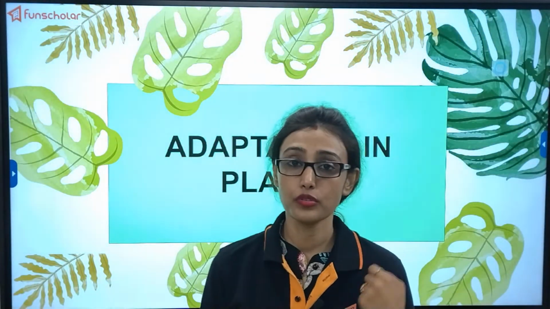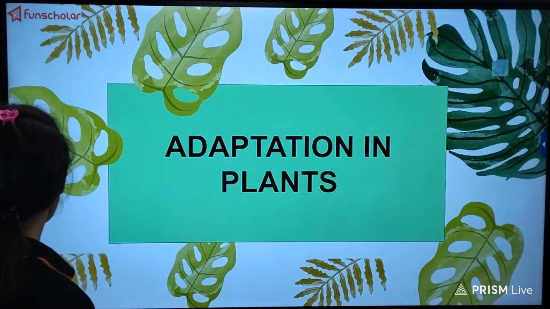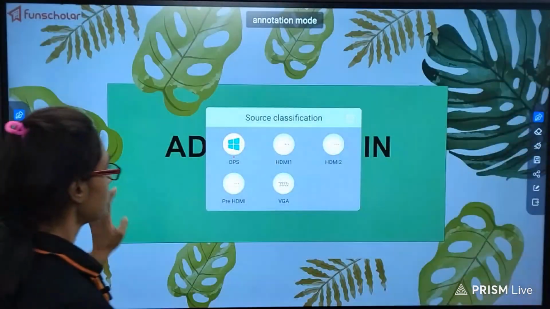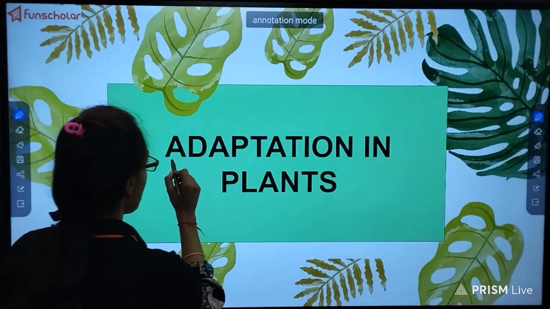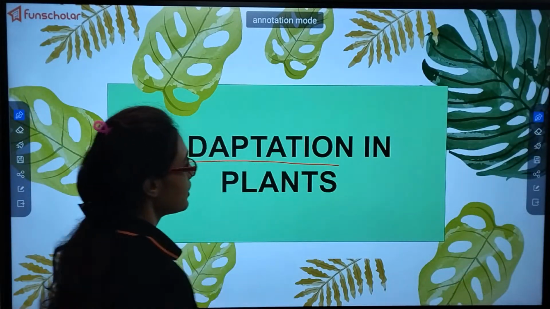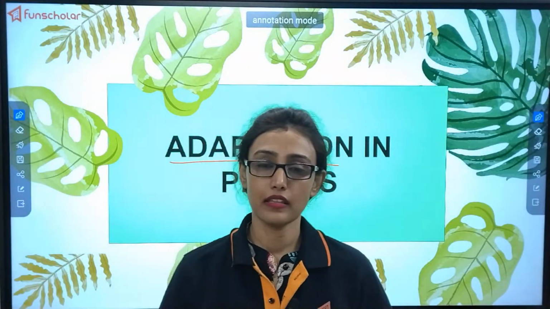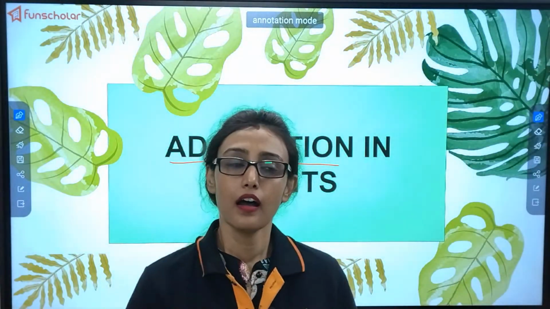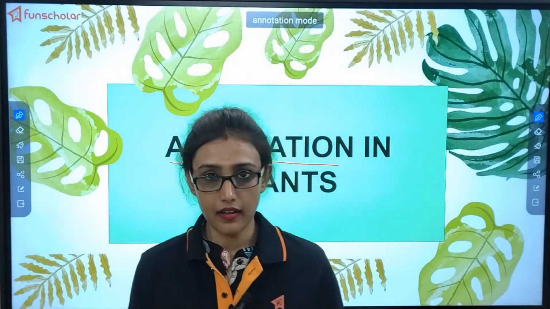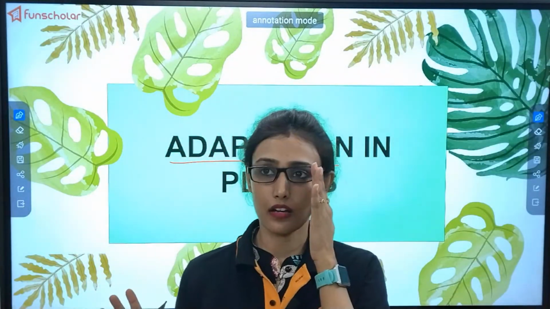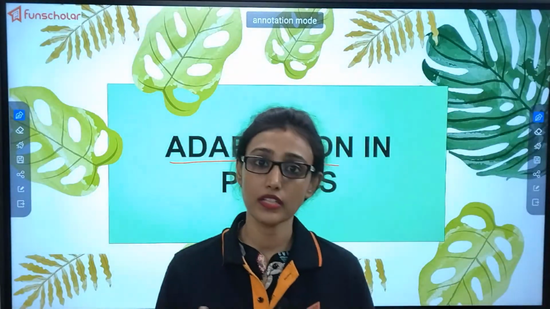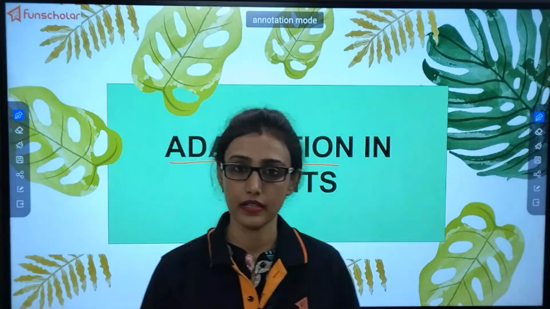Have you ever thought? Today in this chapter, we will come to know why plants are of different types. First terminology over here: what is the meaning of adaptation? Now, you see, you are in the plain area. It is summer and too hot outside, so you prefer to wear soft, light cotton clothes during the summer days.